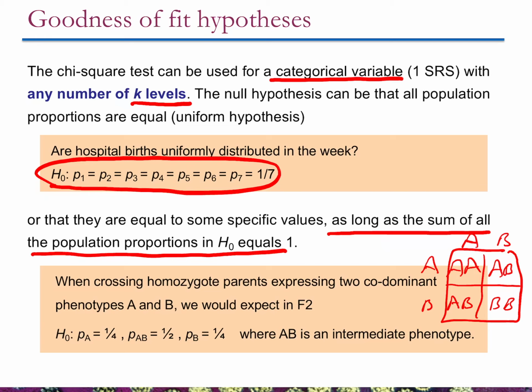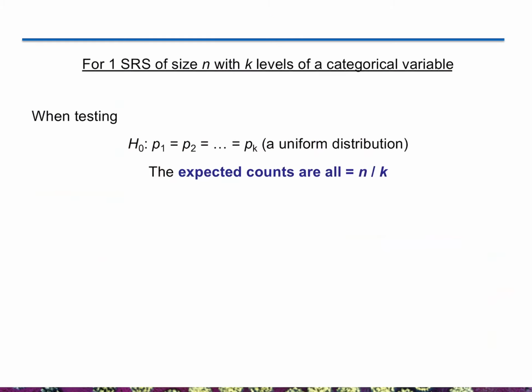So this is again why chi-square is very often used for this kind of genetic analysis. For a random sample of a given size with a certain number of levels of a categorical variable, whenever we're testing the null hypothesis that the proportions for each level are all even or equal, in other words, a uniform distribution, the expected counts are going to be our sample size divided by the number of levels.